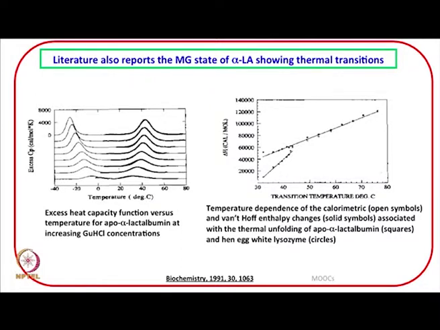They observed that the calorimetric and Van 't Hoff enthalpies for apo-alpha lactalbumin in presence of various concentrations of guanidinium hydrochloride are not equal, whereas the calorimetric enthalpy and Van 't Hoff enthalpy for thermal unfolding of hen egg white lysozyme are equal.